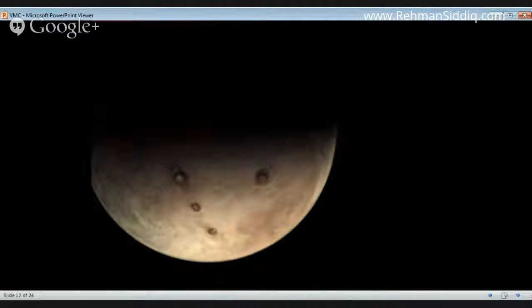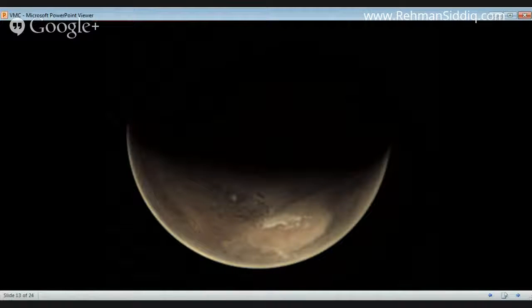Okay, if we just move on to our next one, we've got Hellas here, which is an impact crater, if I'm right. Yeah, probably. It's a huge depression, a huge impact crater, and it's about 8,000 meters deep, so 8 kilometers deep. It's like Mount Everest upside down, but it's vast. It's enormous. And the interesting thing about Hellas is that if you look at where it is from where these volcanoes were in the previous picture, it's just about 180 degrees opposite.